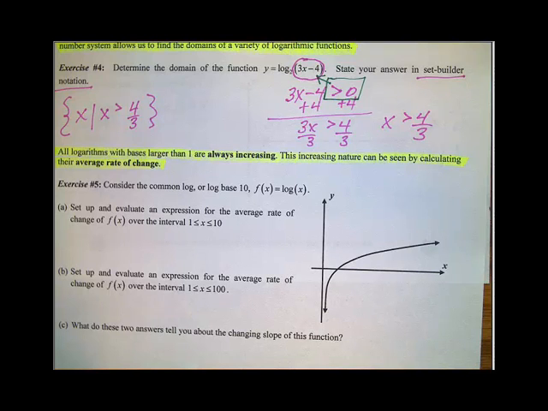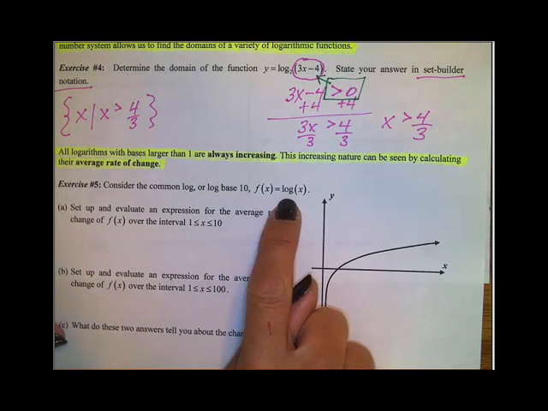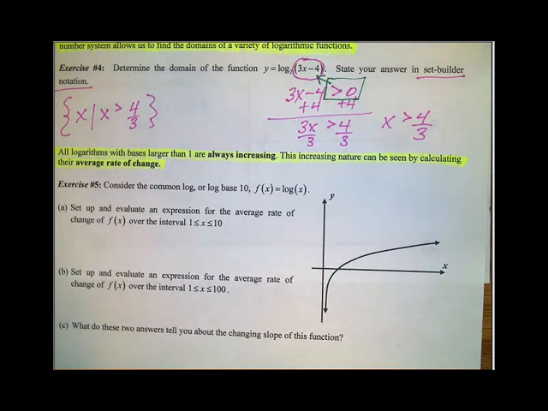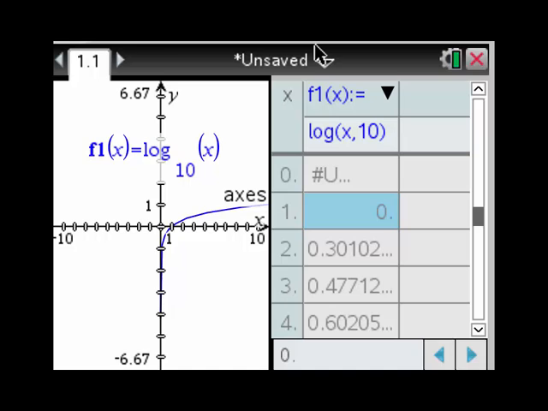All right? So set up and evaluate an expression for the average rate of change of f of x over the interval from 1 to 10. So we're using log x. So grab your calculator and let's get some values. So we see in our table log of x, or log base 10 of x, same thing. So from 1 to 10. So our value at 1 is 0, and our value at 10 is 1.